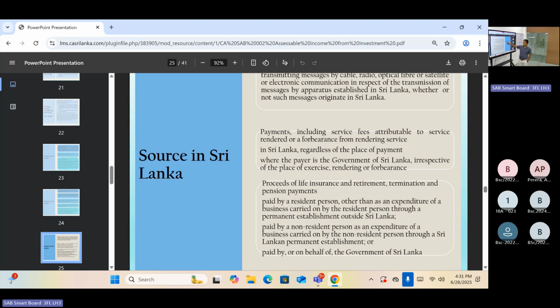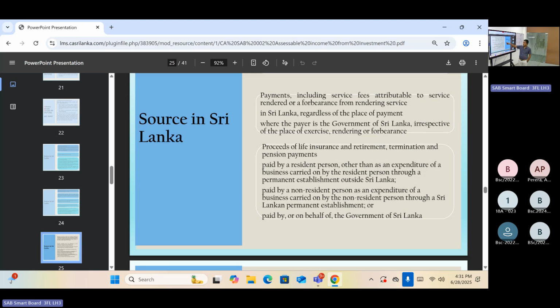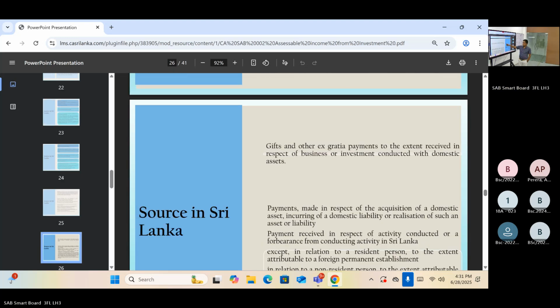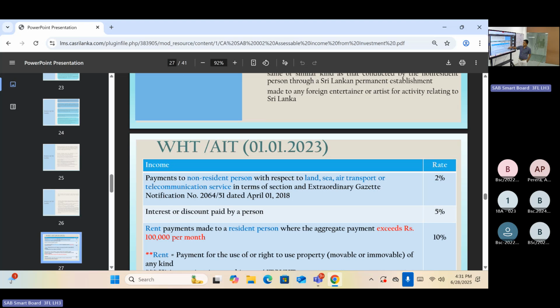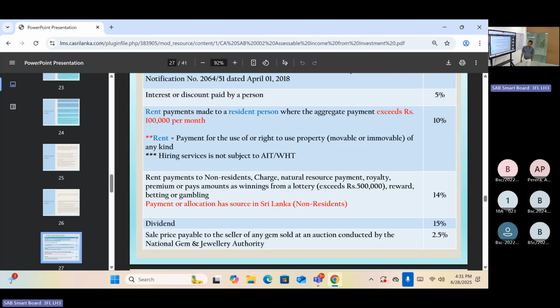Service payment: if the service is exercised in Sri Lanka, the same applies. We'll discuss this again under the next topic.